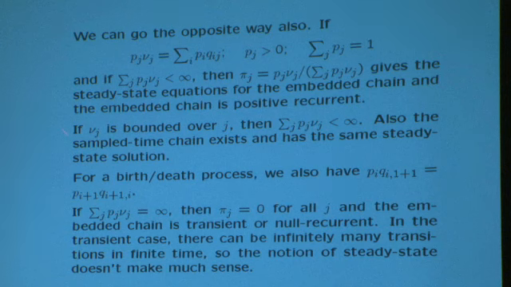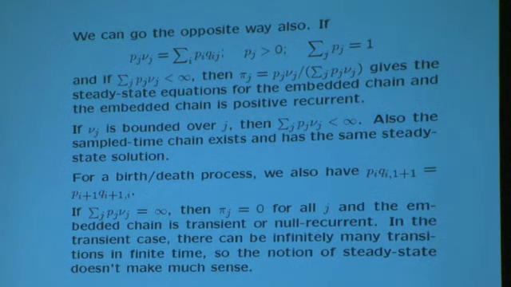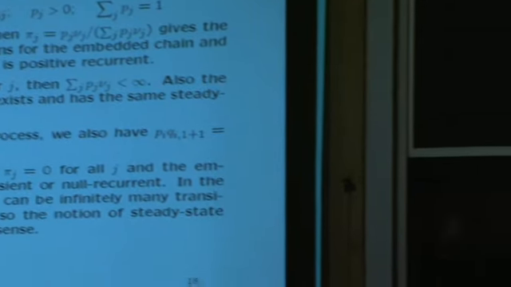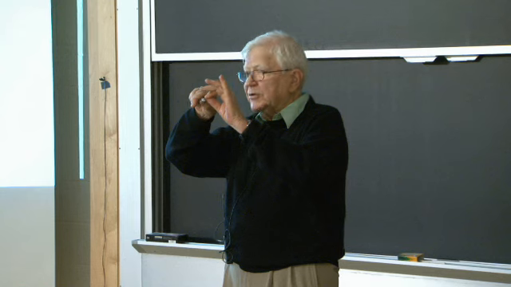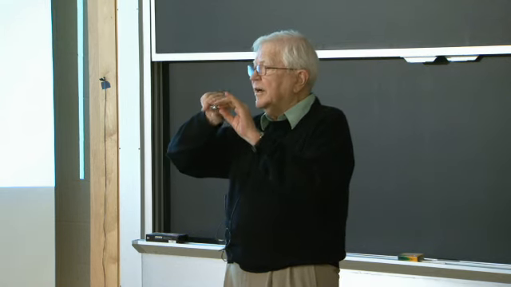If you have a birth-death process, that's a birth-death process for both the Markov process and also for the embedded chain. For the embedded chain, an easy way to solve the steady-state equations for a birth-death chain is to say transitions this way equal transitions this way. It's the same for the process.